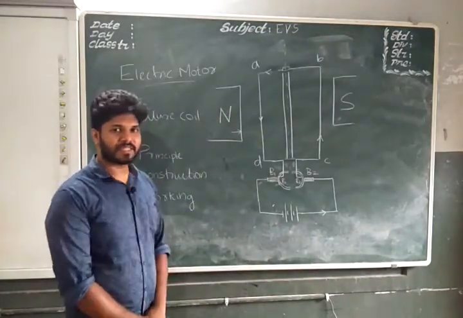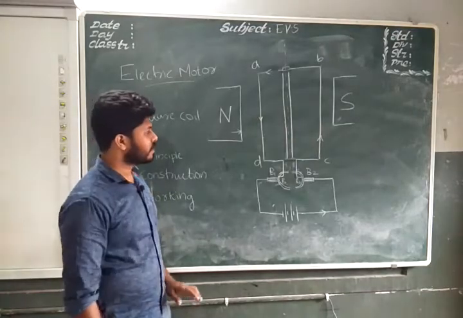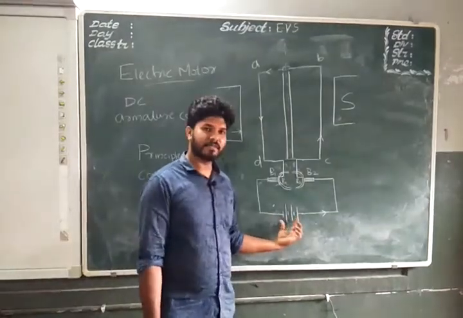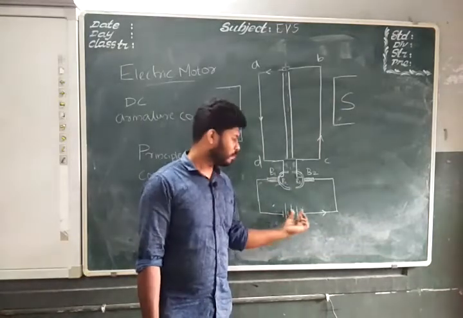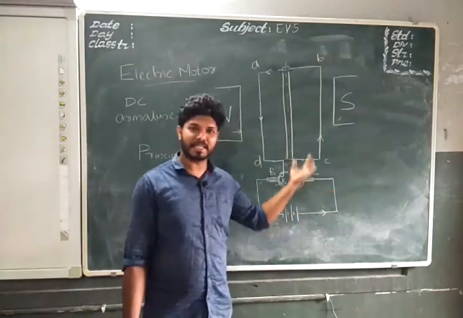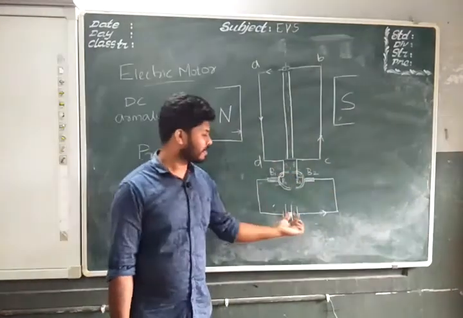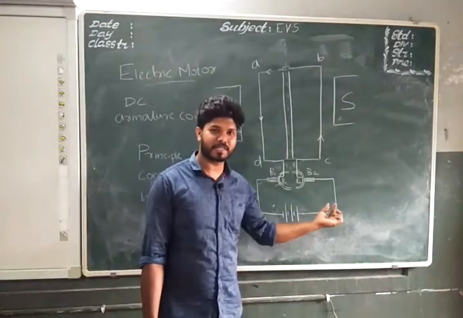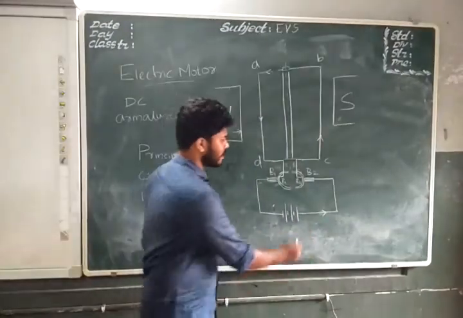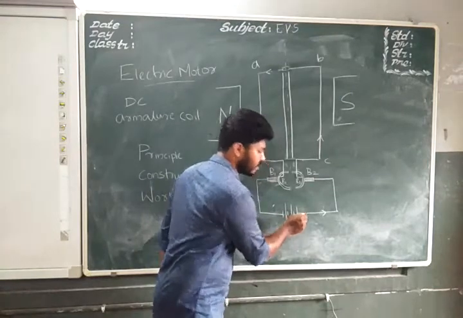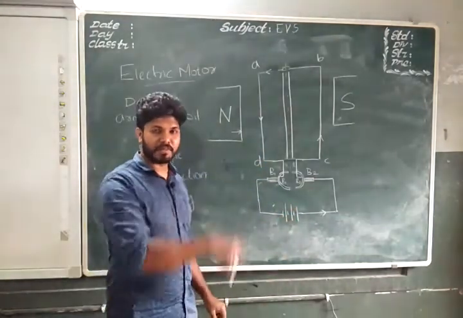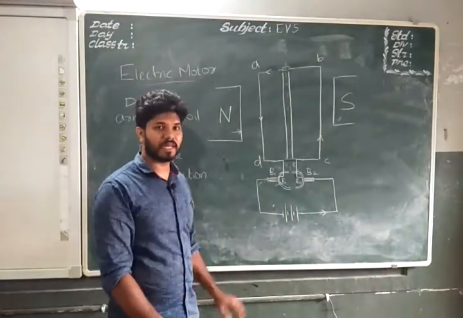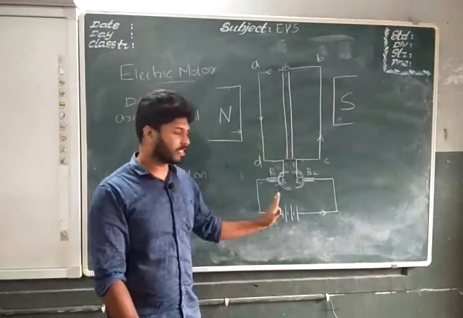Now let's look at what happens. Current flows from positive to negative, isn't it? Firstly, current starts moving from the positive terminal. The bigger one is the positive terminal and the smaller one is the negative terminal.